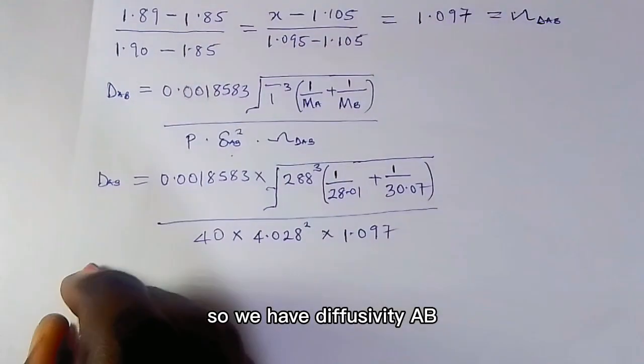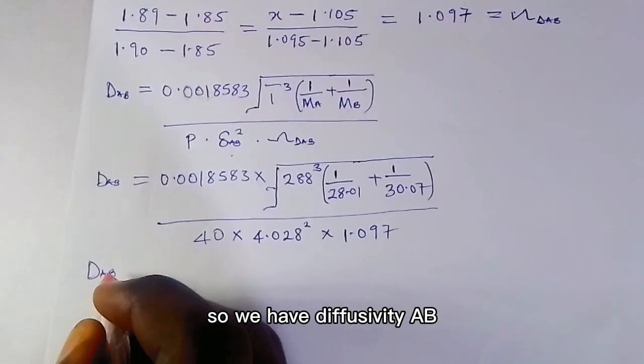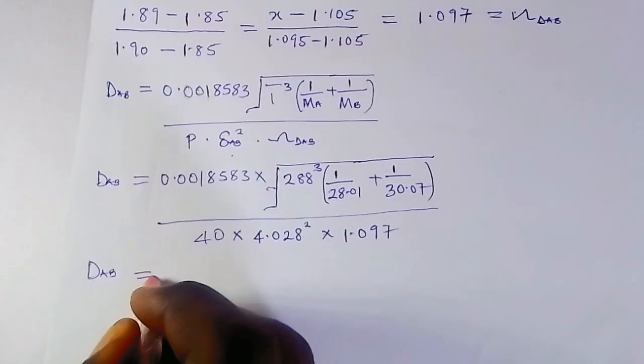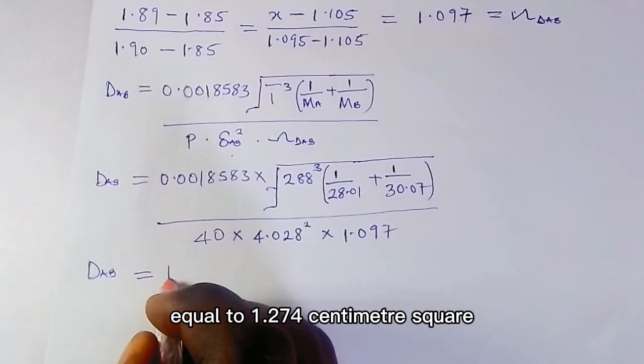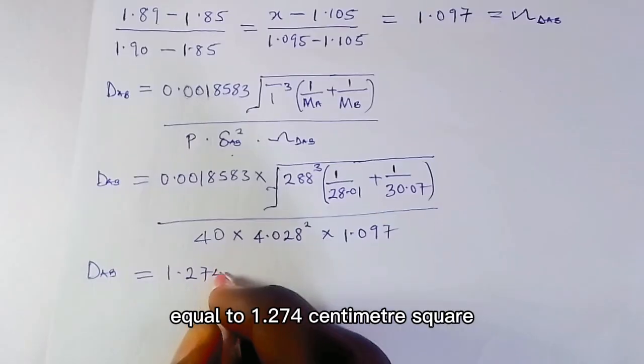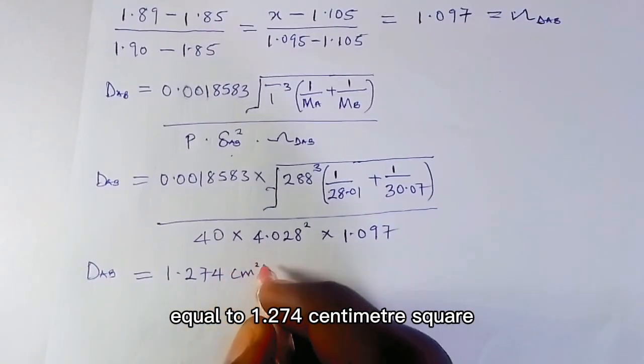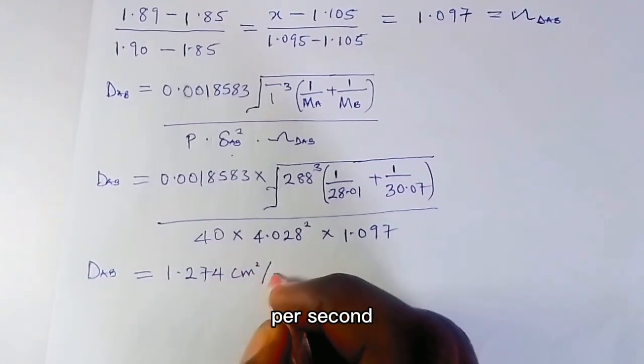So we have diffusivity AB equal to 1.274 centimeters squared per second.